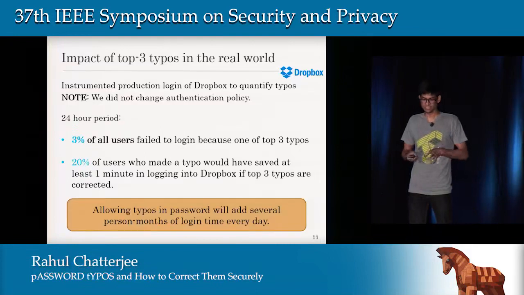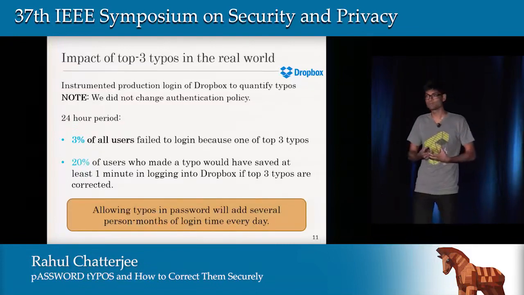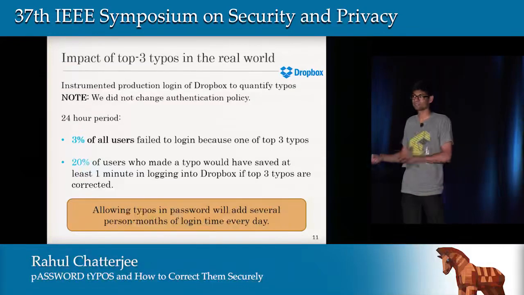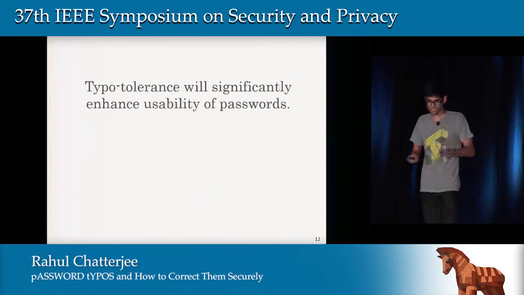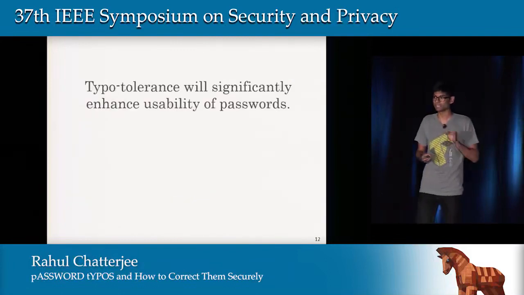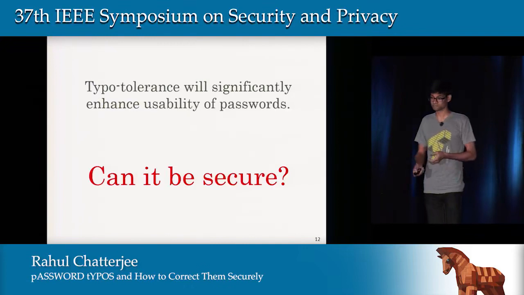So in summary, by allowing typos, Dropbox will gain several person-months of login time every 24 hours. This means typos are a serious problem, and if we allow typo tolerance, that will enhance users' experience drastically. Now the remaining question is: is it secure?